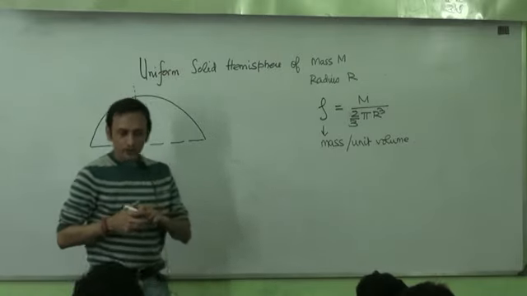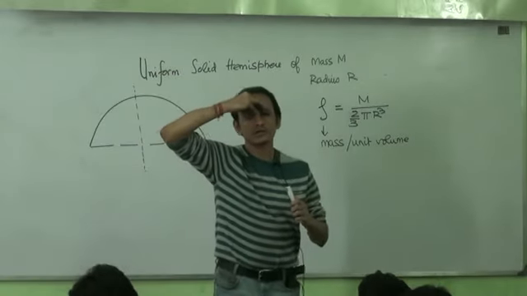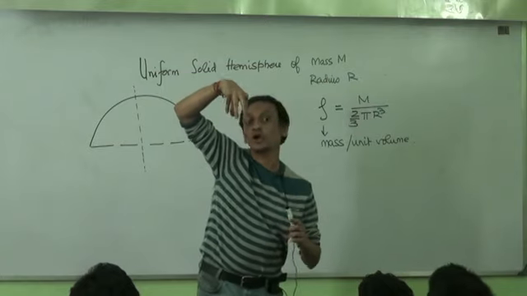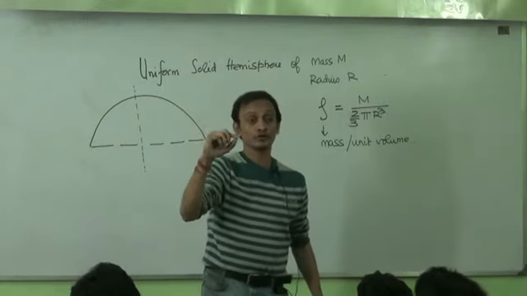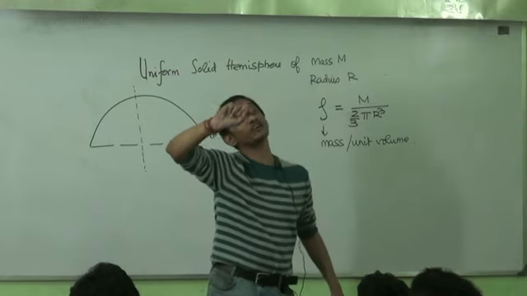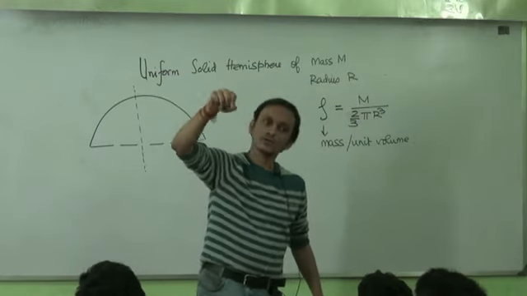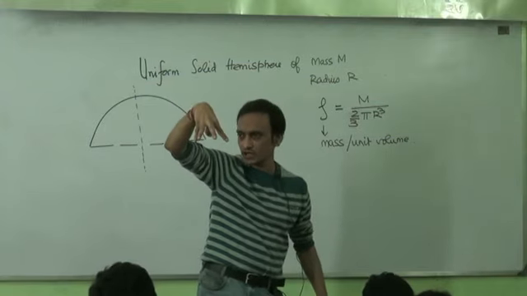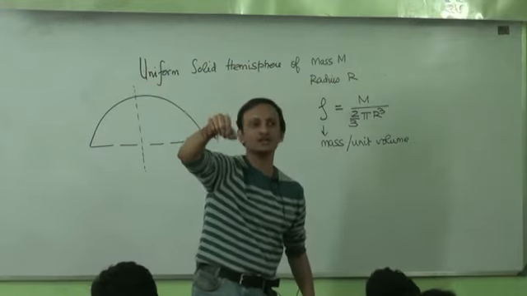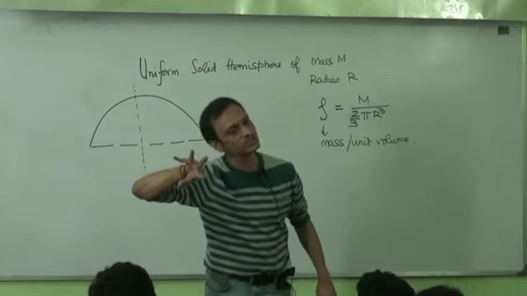See, if I had a circular disk, not a semicircular disk, a uniform circular disk, where would its center of mass be? At its geometrical center, right? A uniform circular disk would have its center of mass at its geometrical center from symmetry consideration.